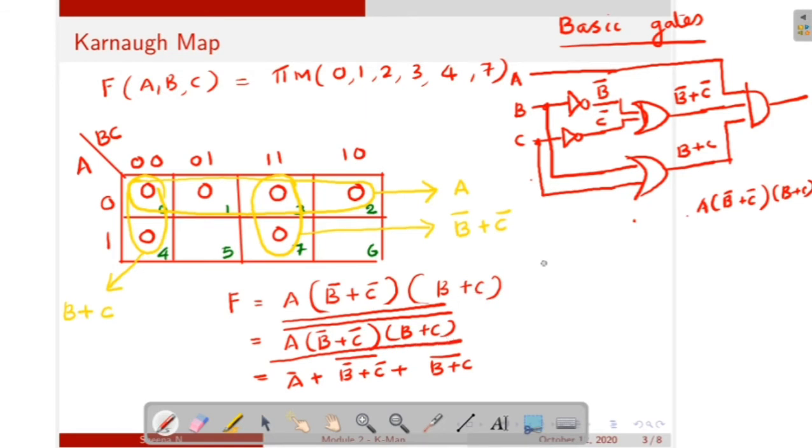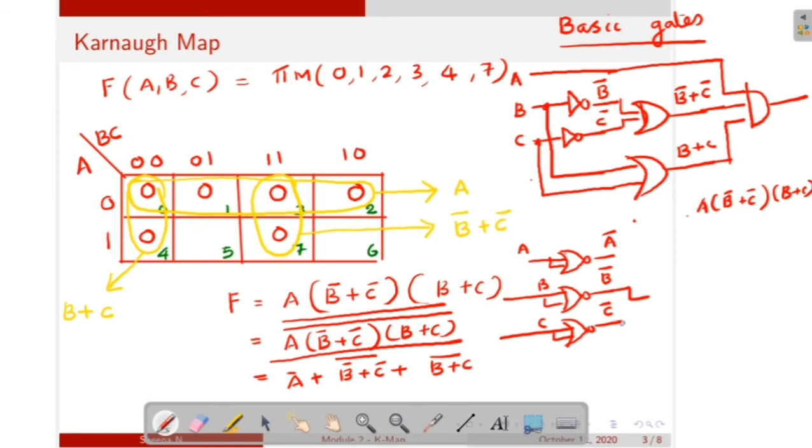Okay. So here we have A input. It is given to a NOR gate. By connecting the inputs together, we get the output as A bar. Similarly, for the B input we get B bar, and also for C we get C bar.